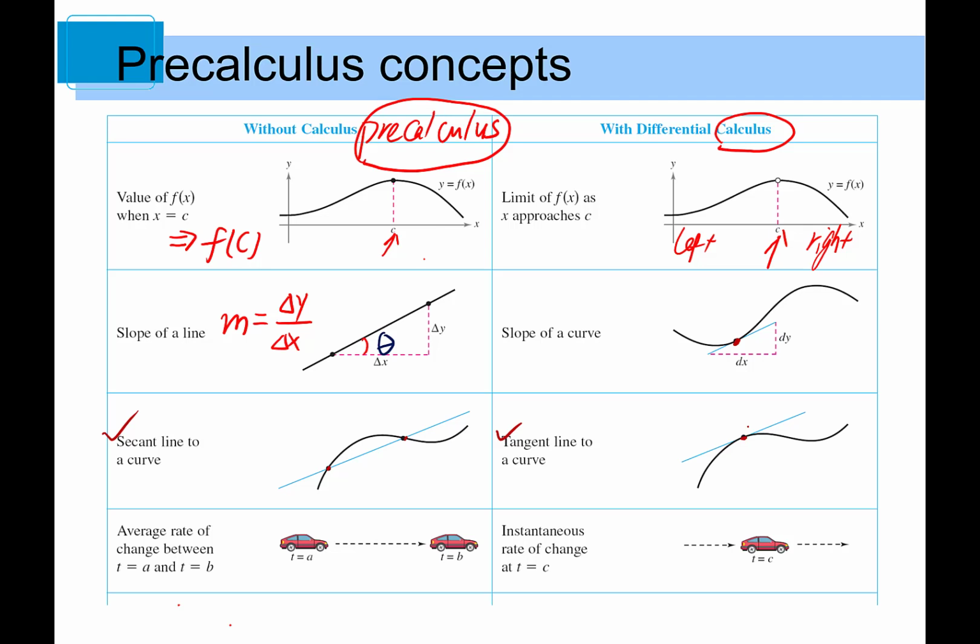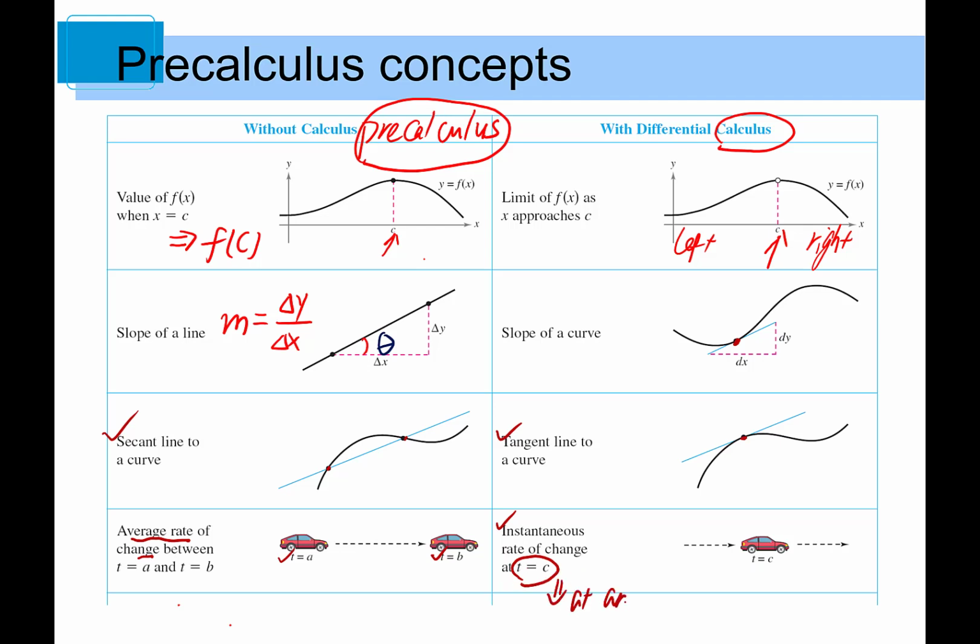And in pre-calculus, you already know how to calculate the average rate of change between two times, t at A and t at B. The average rate is speed or velocity, right? And in a calculus course, you'll be able to calculate the instantaneous rate of change at any particular moment in time, t equals c.